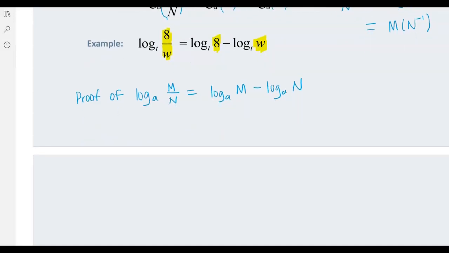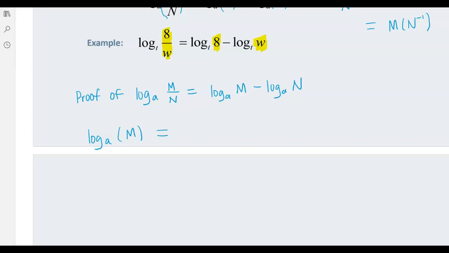I'm going to start by taking the log of one of the variables. I'll just start with log base a of m.